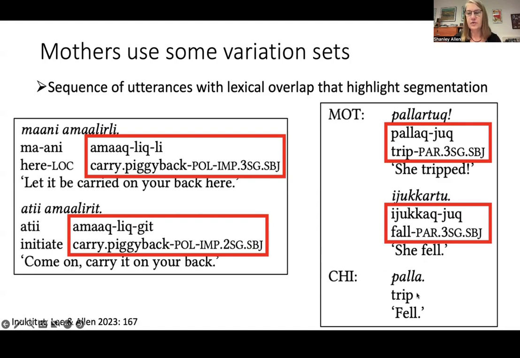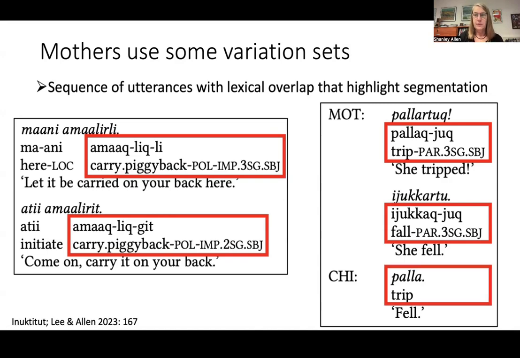And indeed, the child then, in the course of conversation, says palak, picking out one of those verb roots, which as an utterance would not be grammatical in Inuktitut, since it would need an inflection, but it shows that she's segmented it as a morpheme. So it's interesting to look at variation sets and see if they exist in your language, how frequently they're used, and any evidence that they help children segment morphemes.